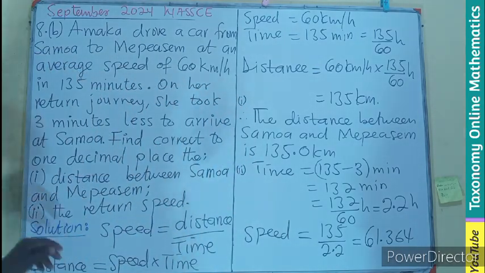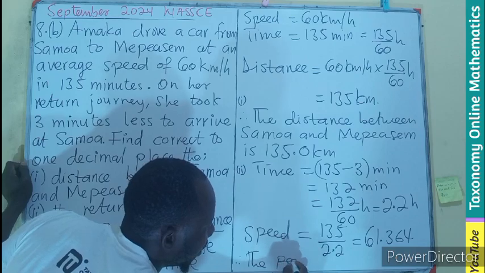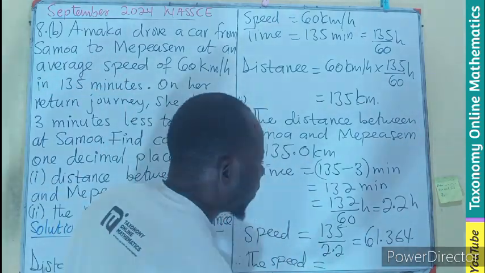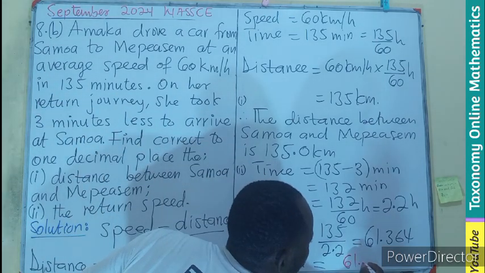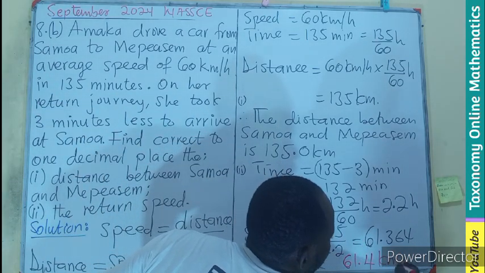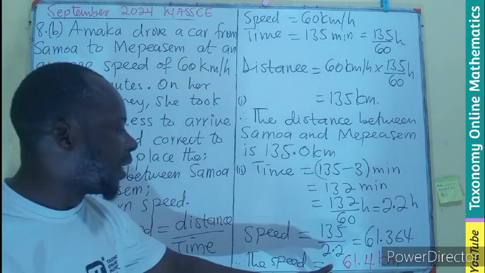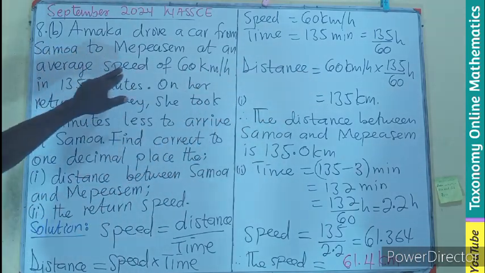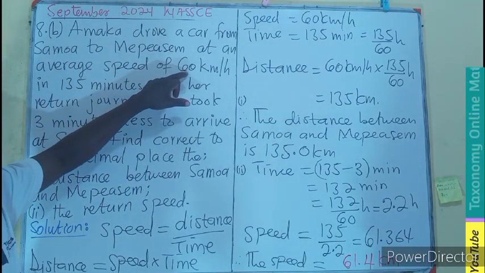So we are looking for the speed, right? Therefore, the speed becomes, to 1 decimal place, 61.4 kilometers per hour. So you're going to have 61.4 kilometers per hour being the speed for the return journey, then the going to Mimpasem will be 60 kilometers per hour.